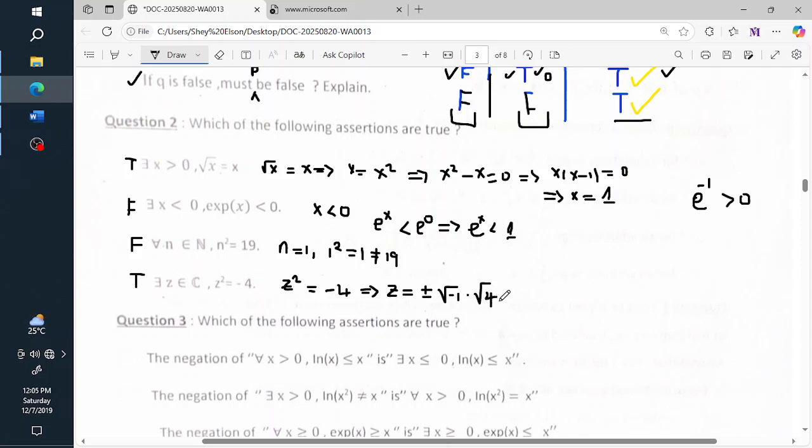So you see that we have two values of z. The first value of z is -2i, because the square root of -1 is i and the square root of 4 is 2, and the other value is +2i. So there exists at least one complex number whose square gives us -4.